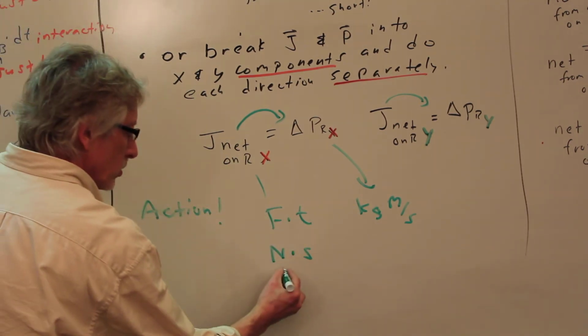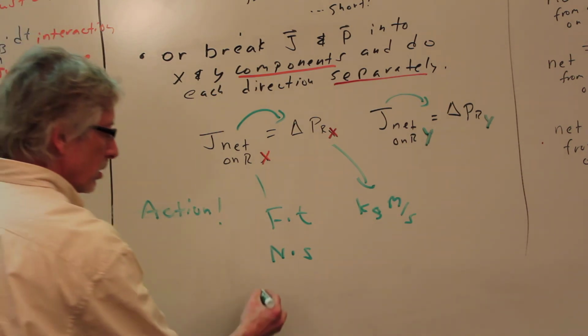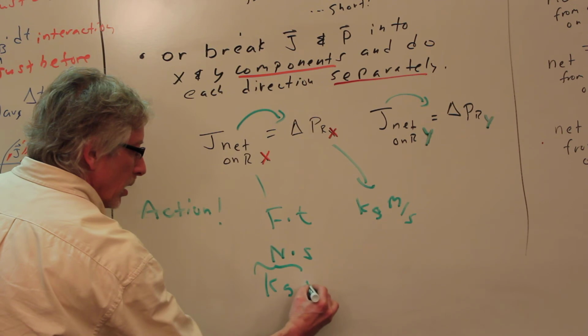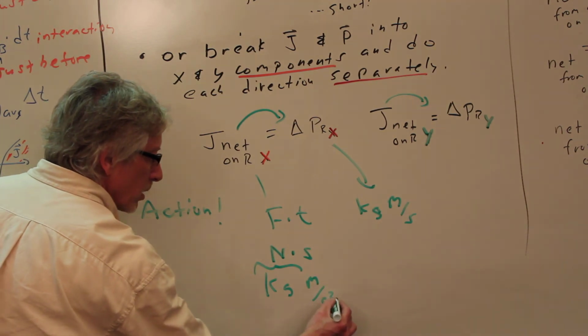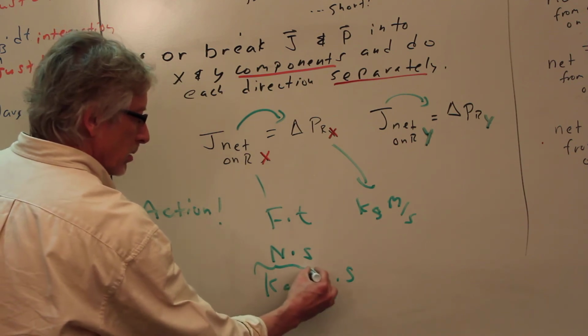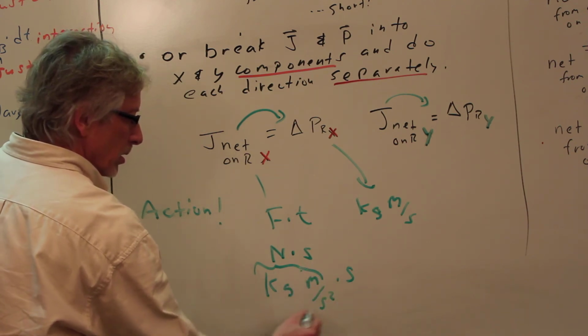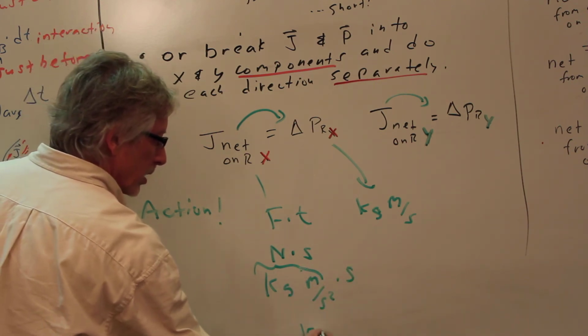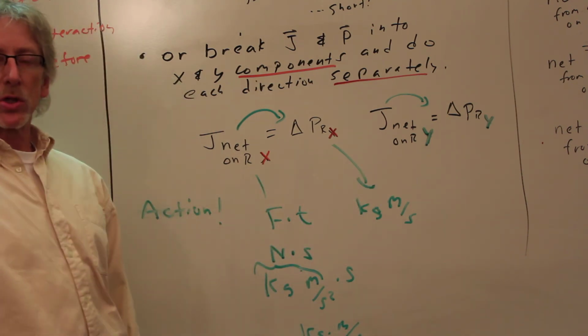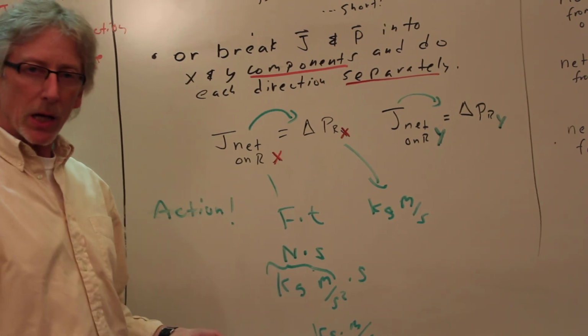Hey, a newton is like ma, kilogram meter per second squared, times a second. And wait a minute, those go away and I end up with kilogram meter per second. So yes, they have the same units, just as force has the same units as ma.